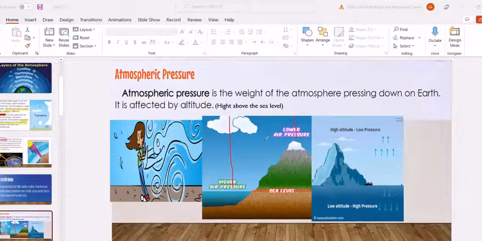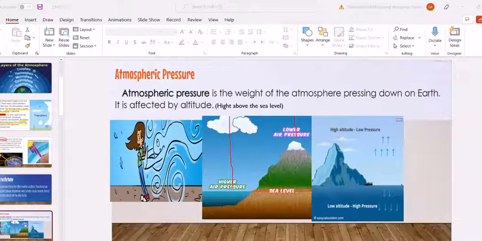So what's the meaning of atmospheric pressure, teacher? Pressure means the weight of the atmosphere pressing, like when you press on something. If you sit, you press on the chair. If you are standing, you are pressing on the land. So the air is pressing on this area.